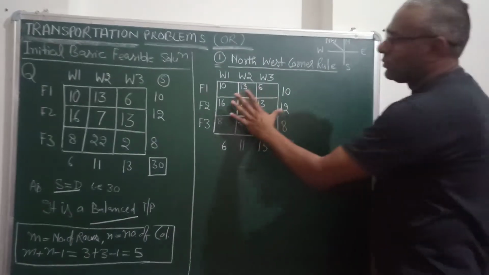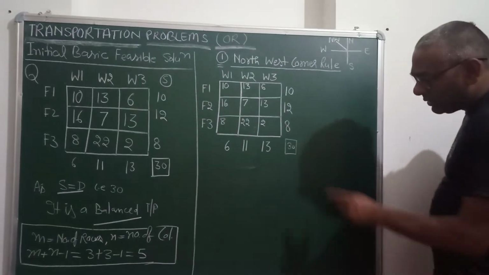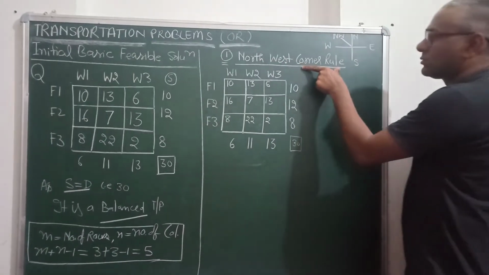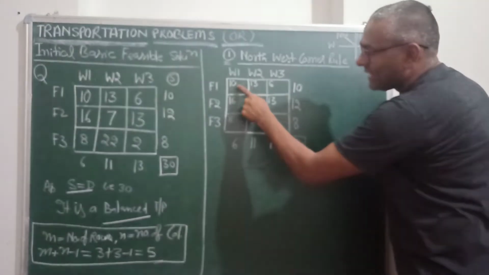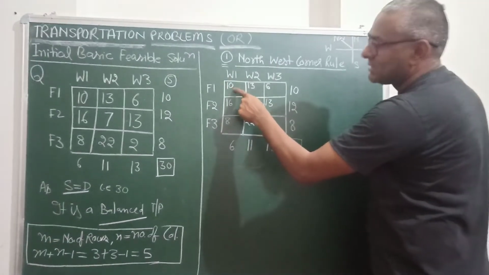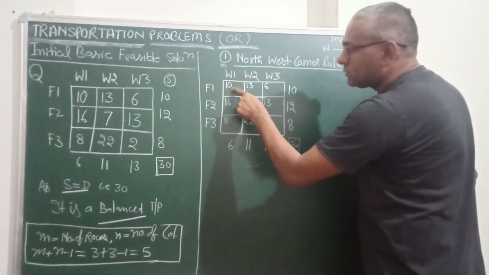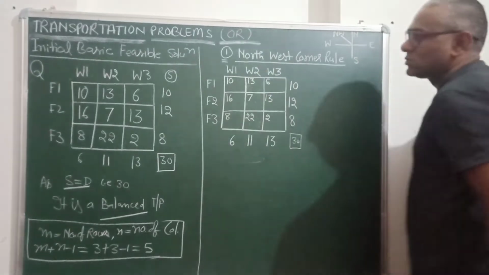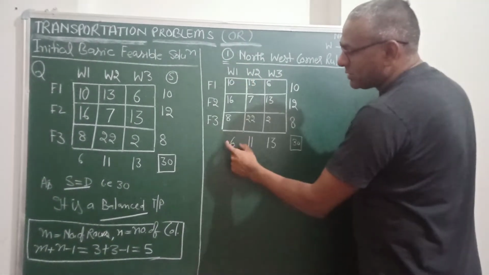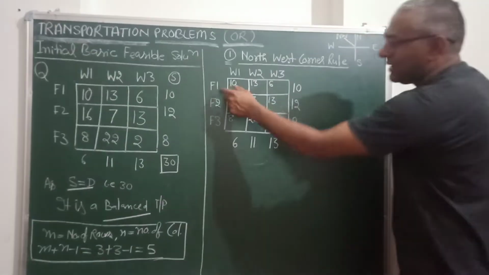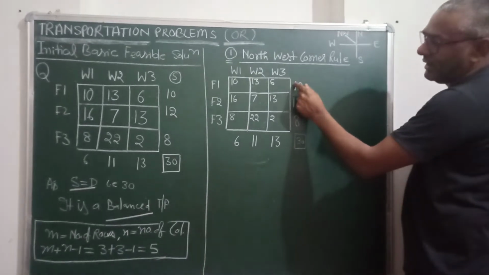Starting from the first step, in the northwest corner rule, first of all we will select this corner as this is the cell which lies in the most northwest direction. In this case warehouse 1 demands 6 quantity and there is a supply of 10 quantity.